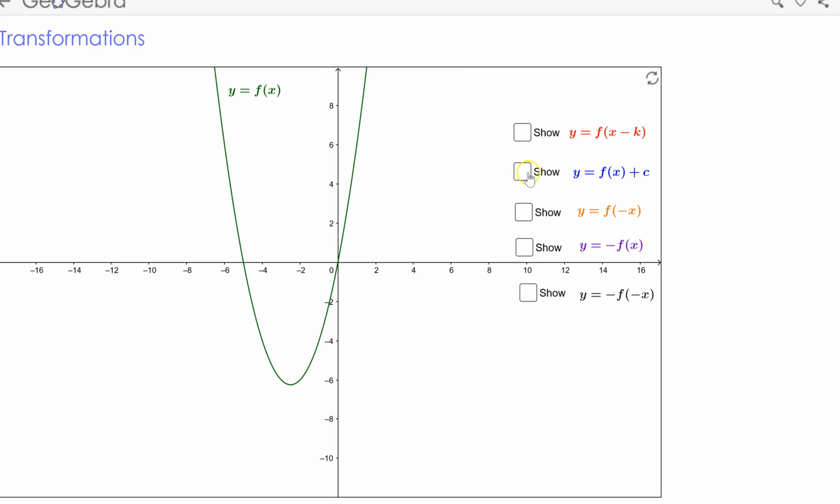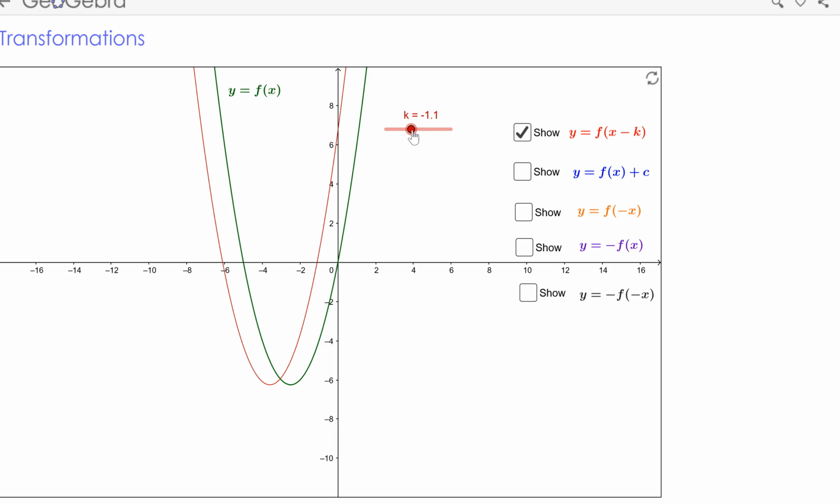If I take my original function, y equals f of x, and I add a constant, then depending on the constant, the curve is going to go up if it's a positive value, down if it's a negative value. And if I take my original function and I replace x with x minus k, then depending on my value of k, the curve is going to go left or right.